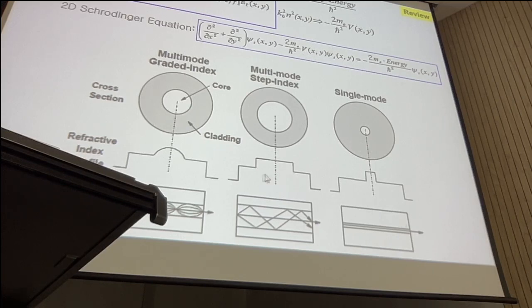So the reason why there is a high refractive index near the guiding area of an optical fiber is because the potential should be negative. So a larger refractive index corresponds to the negative potential over here. So we can compare these two.